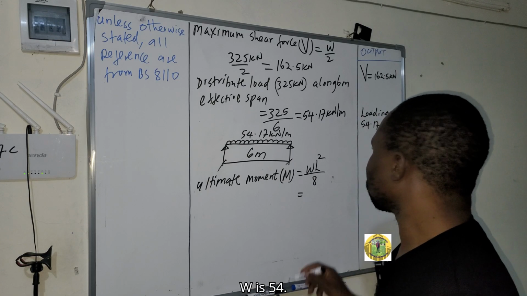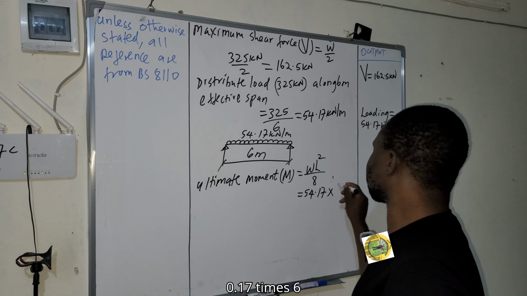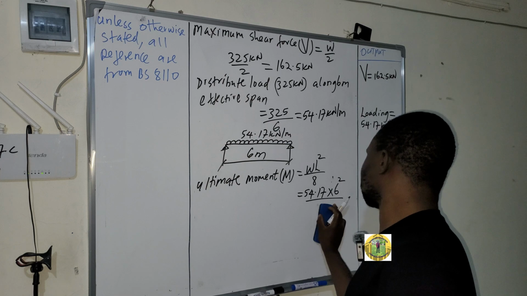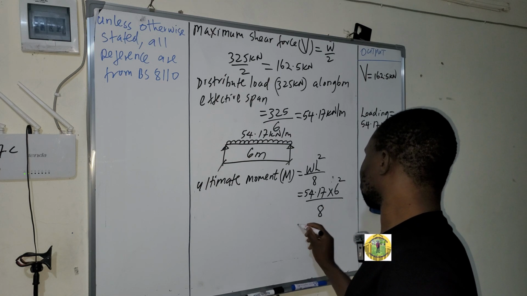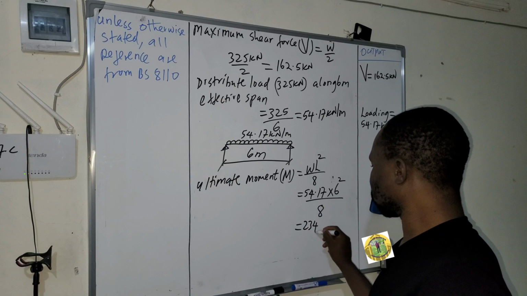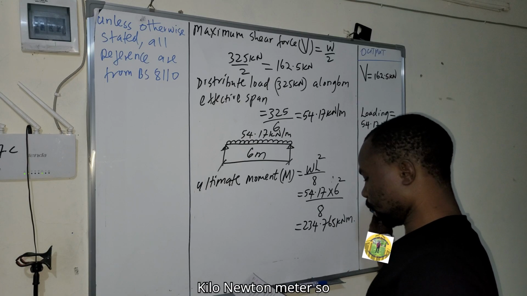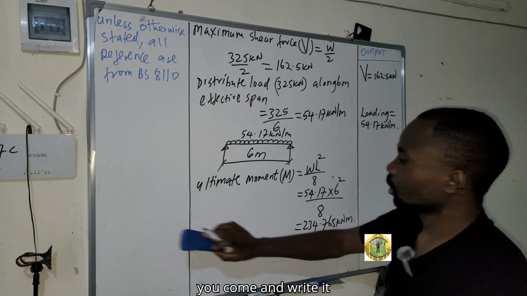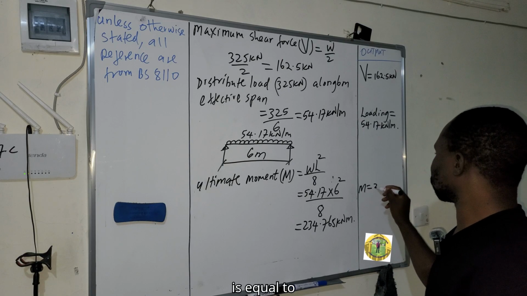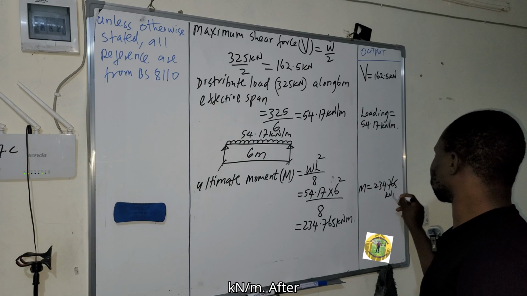So our W is 54.17 times 6 square over 8. So you will get 234.765 kilonewton meter. So you come and write it here: M is equal to 234.765 kilonewton meter.